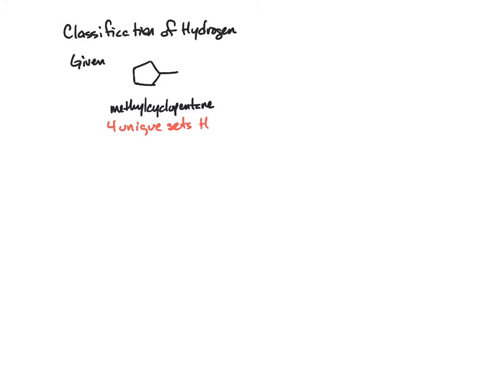I think we all can agree that every carbon is sp3 hybridized. So now we're going to get into classifying them. We have primary, secondary, tertiary. How many primary hydrogens are there? What's the number of primary? So 1 or 3.